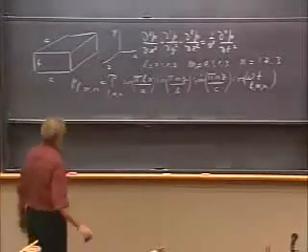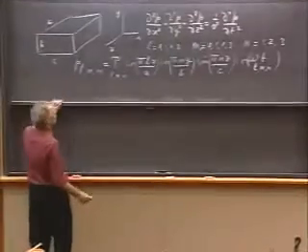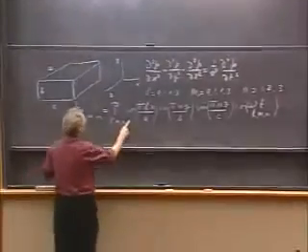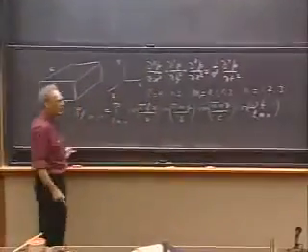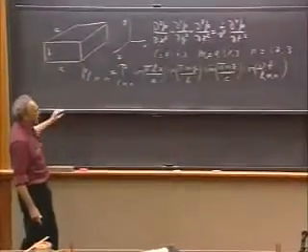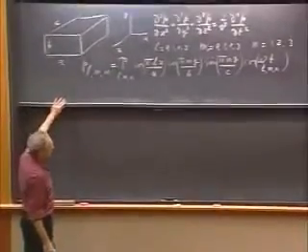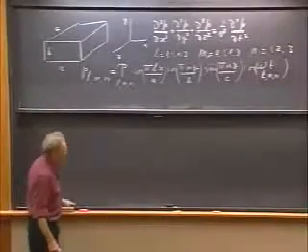And the frequencies that you will get, you will find by substituting this solution back into the differential equation, into the wave equation, which gives you always the connection between omega and k.